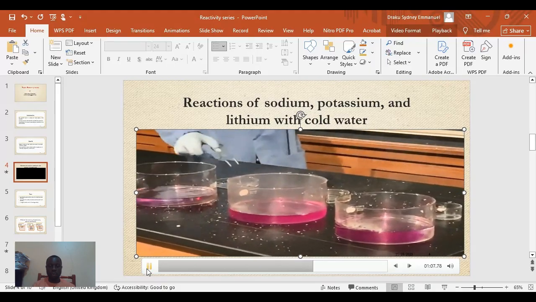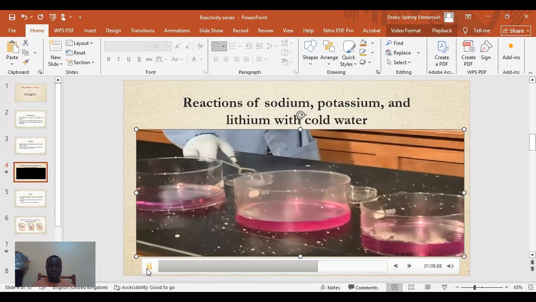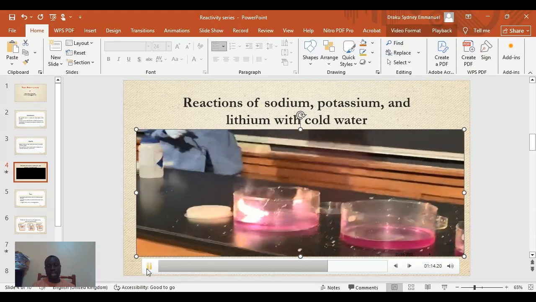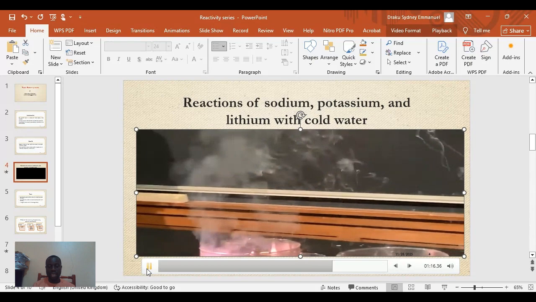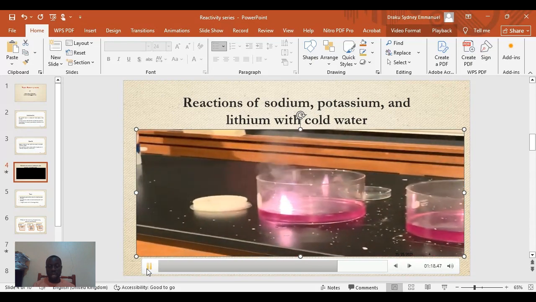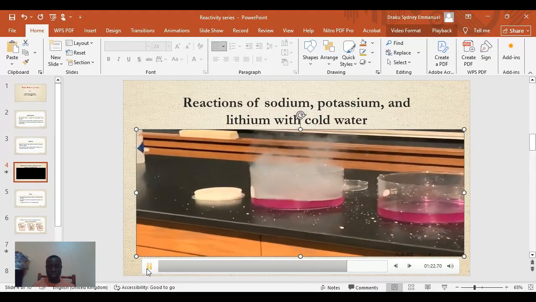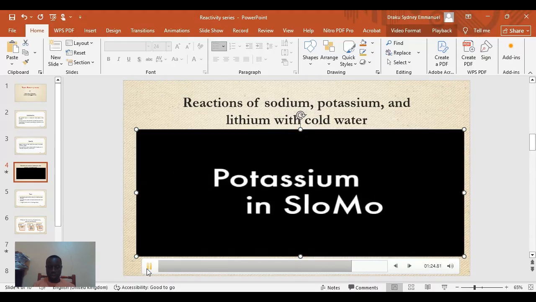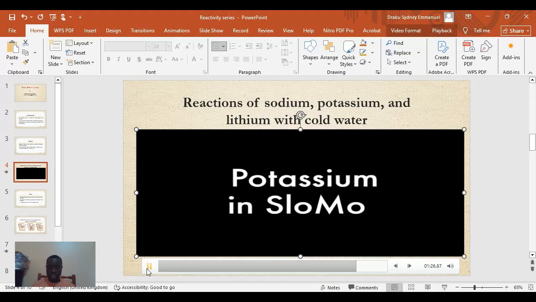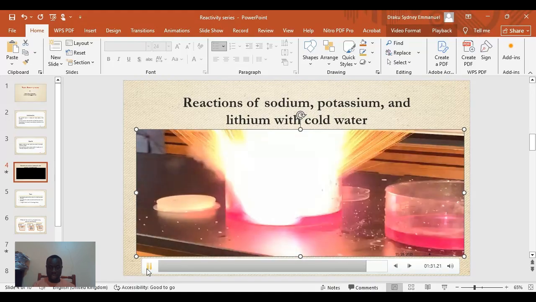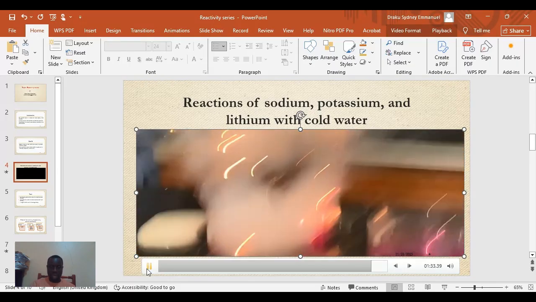And then lastly, we have potassium with water. Take note, compare the rate at which these three metals react, and then you can arrange them in order of their reactivities. We have an explosive kind of reaction here with potassium. Here is potassium in slow motion, and you can see the explosion which has taken place, bright colored.